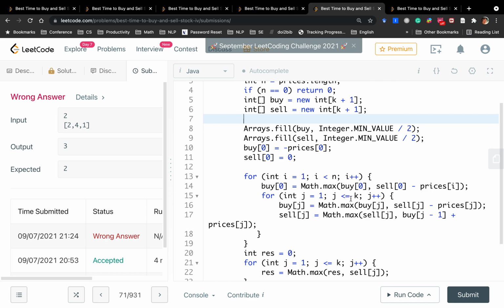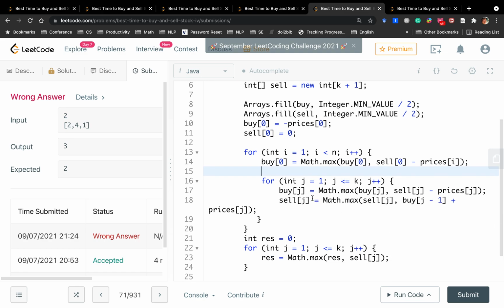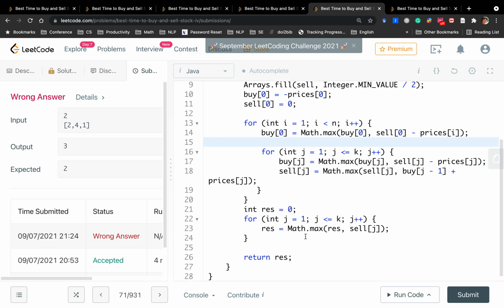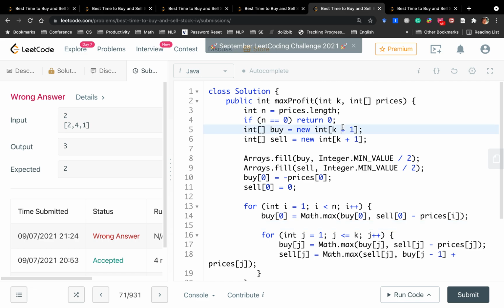Buy 0 is maximum of buy 0 and sell 0 minus price I. Buy j equal to maximum of buy j or sell j minus price. Oh sorry, I know the problem.